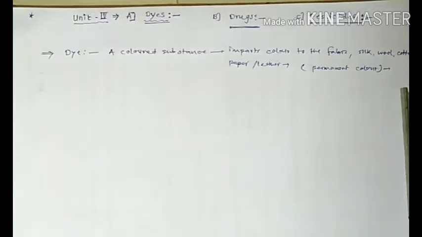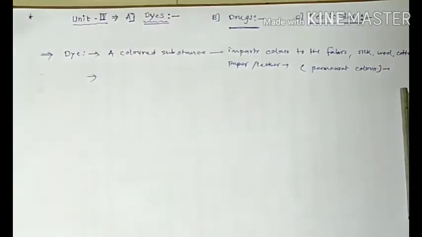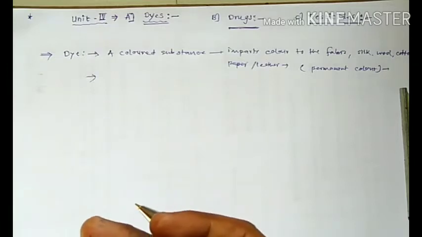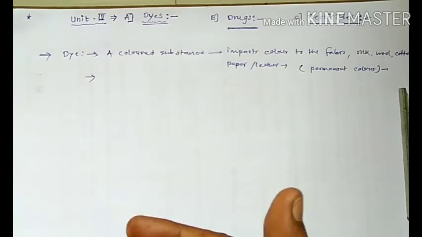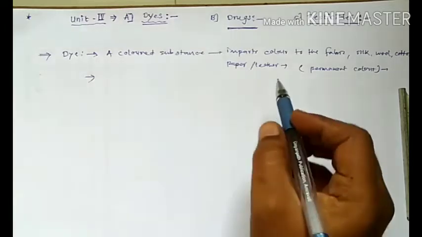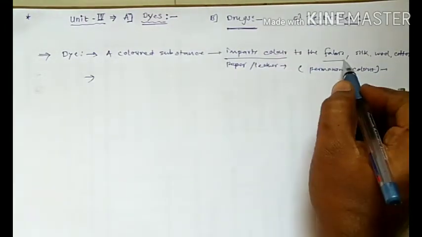Okay, so what is this dye actually composed of? Why does this dye impart color to the fabric, and how does it get fixed to the fabric?